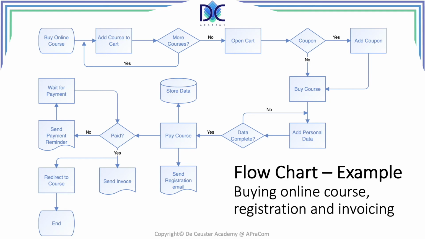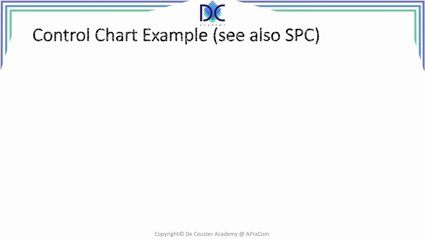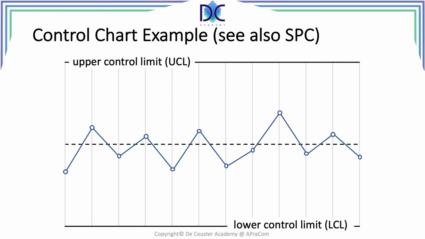The last thing that I want to look at are the control charts. I will only show you one control chart. We also relate it here to statistical process control, which is in fact the tool that we use to create those control charts. A control chart is composed of an upper control limit and a lower control limit, and the borders between those two are in fact Six Sigma.